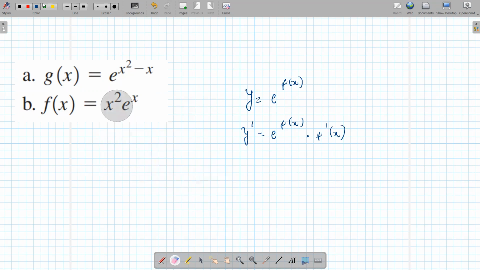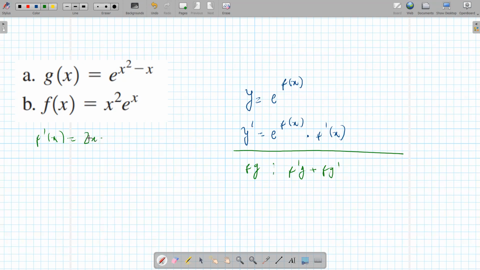B is a product rule question. Whenever you have different functions multiplying with each other, that's going to be a product rule question. It's going to look something like this. fg becomes f prime g plus f g prime, the product rule. You want to tell me what it will be here? What's f prime? If f is x squared, what's f prime? 2x. 2x times g as it is. What's g? g is your second function.